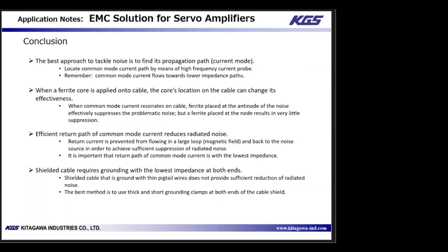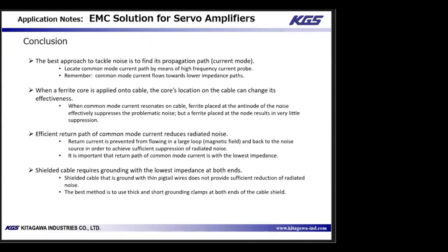So when common mode current resonates on the cable, ferrite placed on the antinode of the noise effectively suppresses the problematic noise, and it would not work as well for the nodes of the frequency. So an efficient return path of common mode current reduces radiated noise.